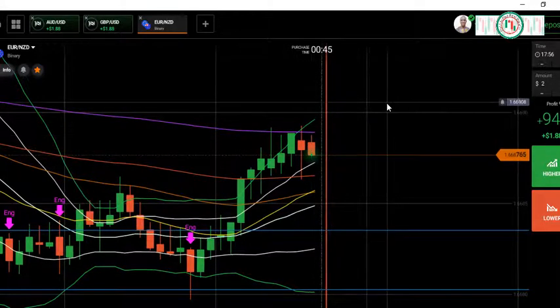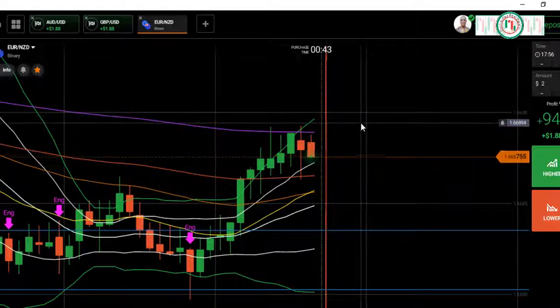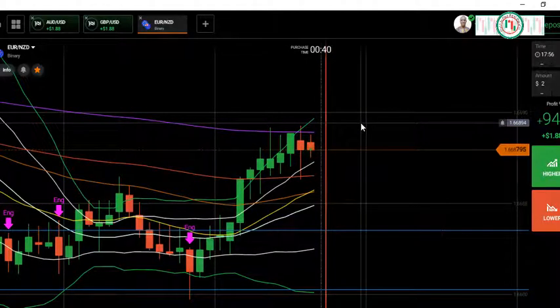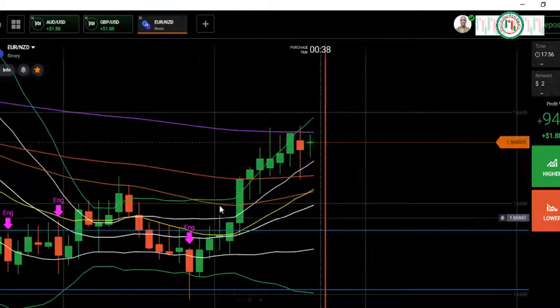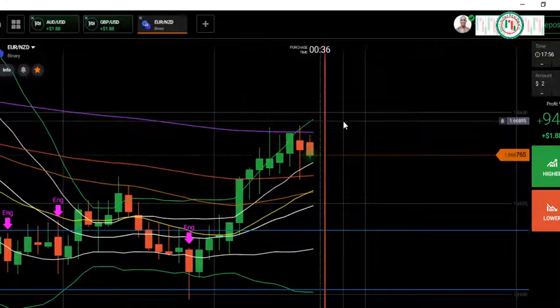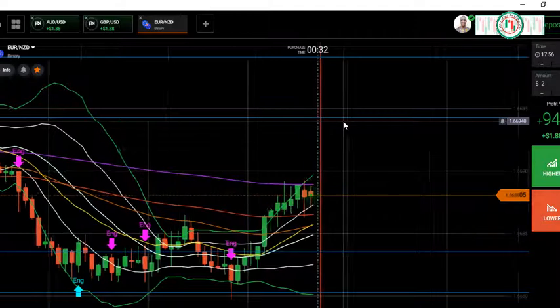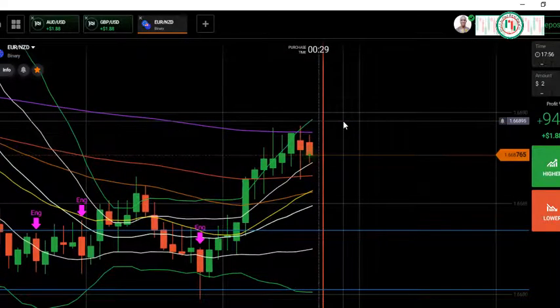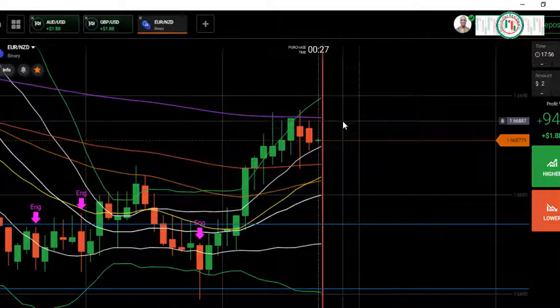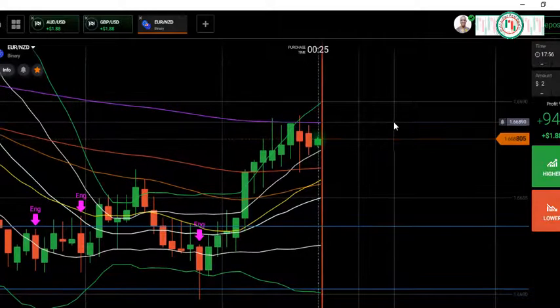So now I'm waiting to see what is going to happen. As you can see, the market is not nice. It's very, very tricky, so we have to be careful. We are still in a consolidation area.